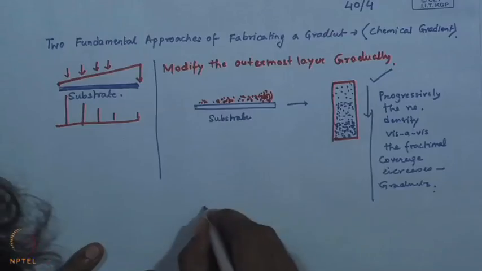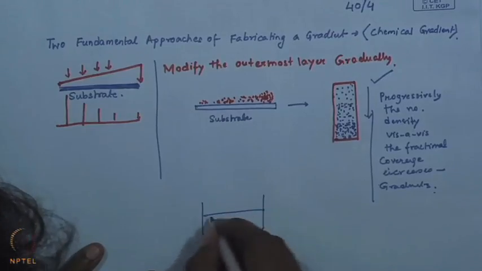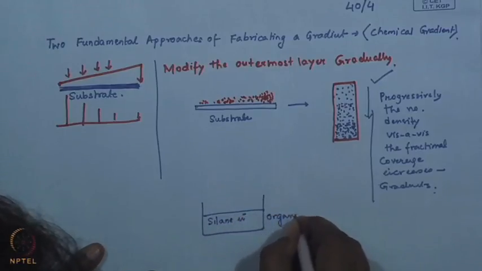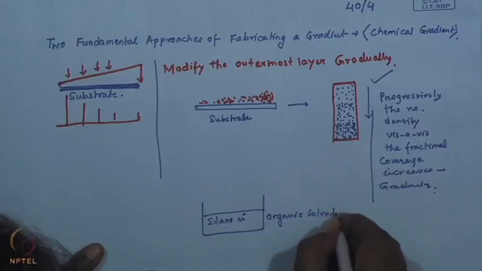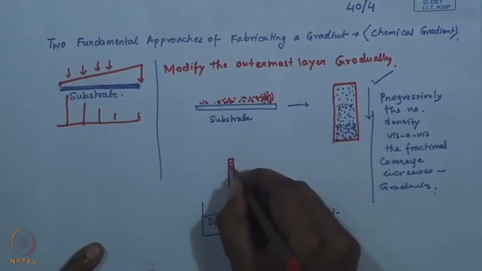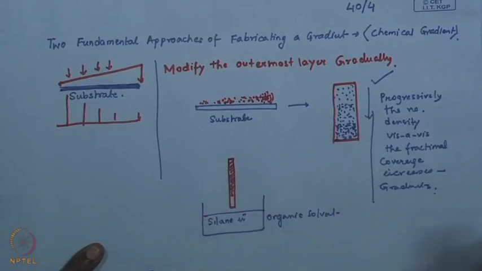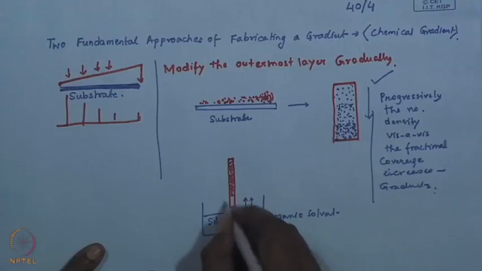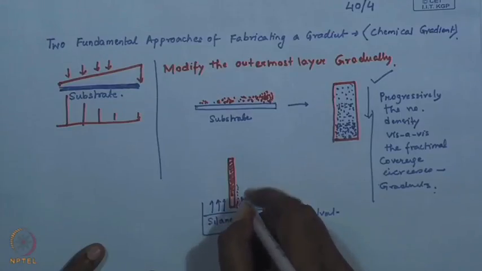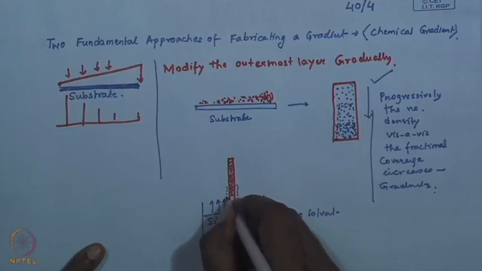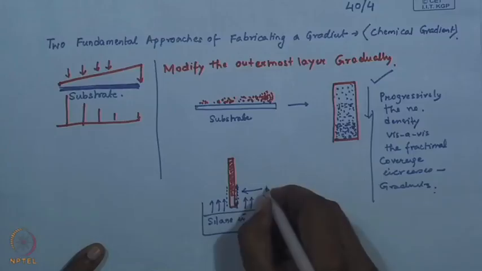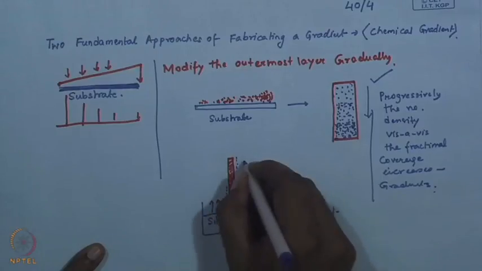So, this was a bath which contained the silane in an organic solvent, and the surface which was to be silanized was simply kept like this. As the molecules evaporated, naturally the number of molecules that attached onto this substrate was more over these locations as compared to the far away corners.